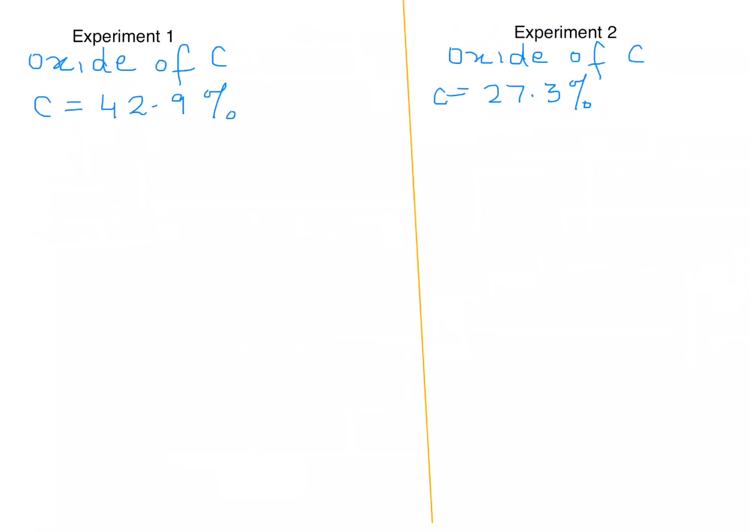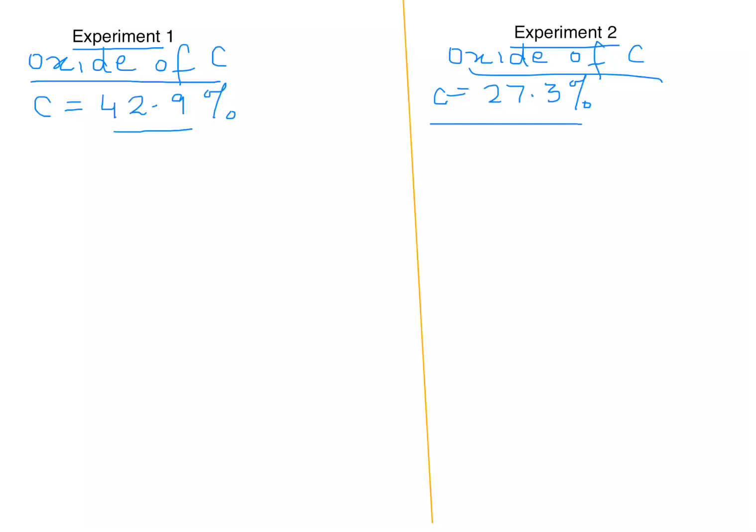Let us start a question again based on the law of multiple proportions. We're talking about two experiments, experiment 1 and experiment 2, wherein we've got oxides of carbon. We don't know whether they are the same or different, and these are analyzed, and each one of them gives us this data: in the first one, the percentage of carbon is 42.9%, whereas in the second one, the percentage of carbon is 27.3%.